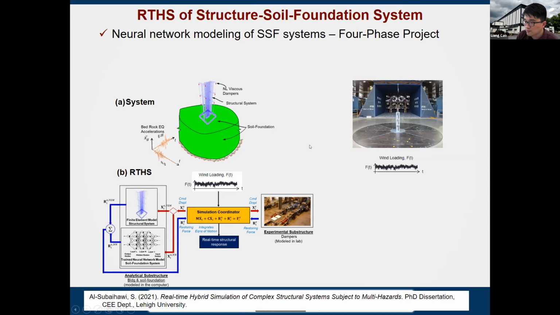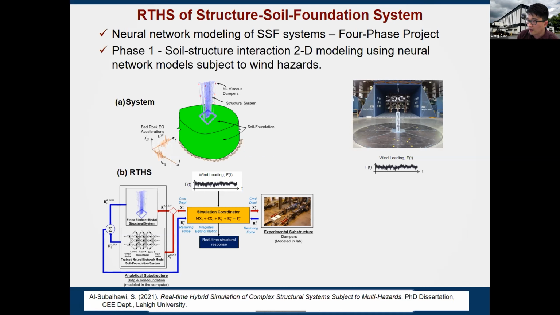This project has 4 phases. Phase 1 is also focused on wind loading, where we use the wind forces obtained from the FIU facilities. Here for phase 1, because it's the first time we go for the numerical neural network, we're starting with 2D models, and eventually we have to jump to the 3D model too.